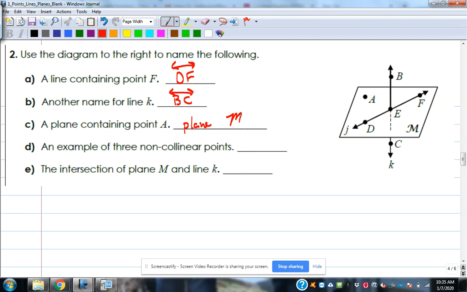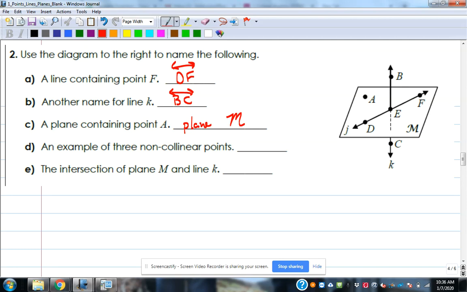And again, capital that. What would be another way to name that plane? Say again. AFD, yes, that would work. What letters could you not use when naming that plane?